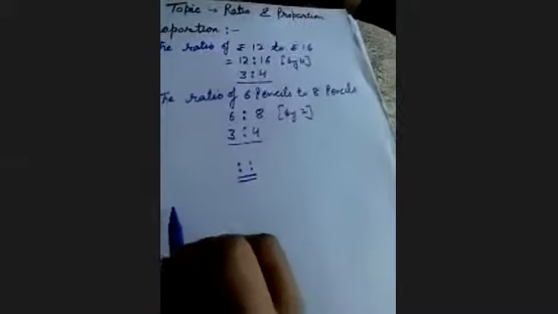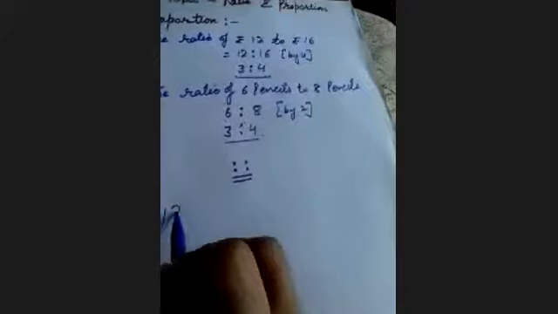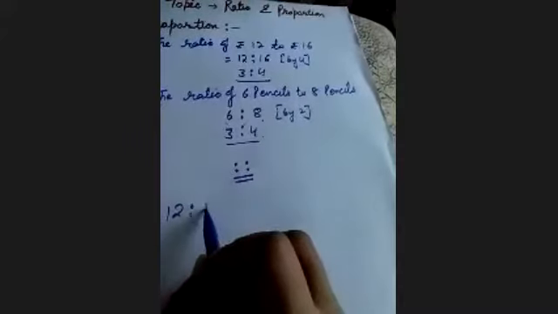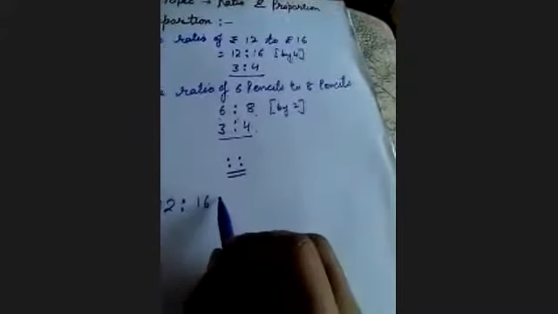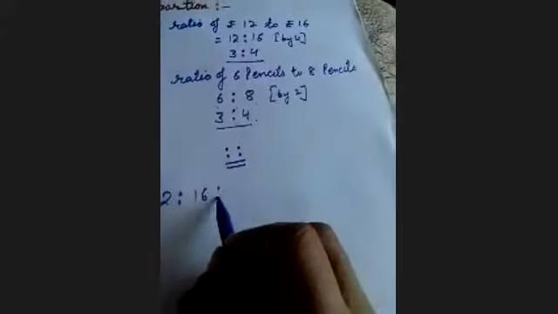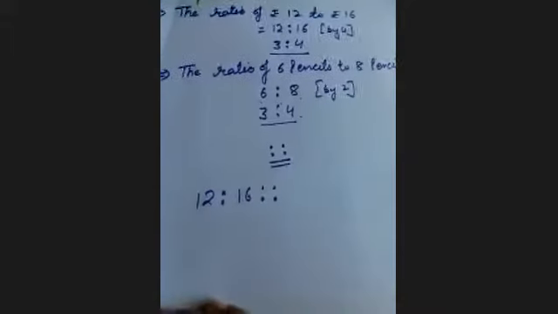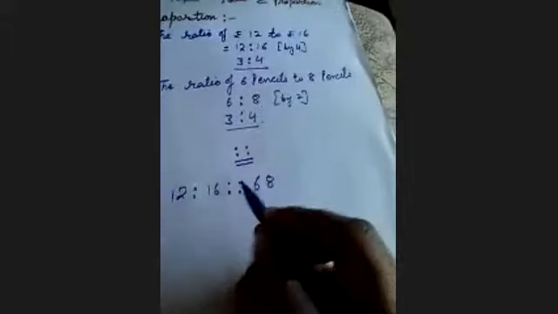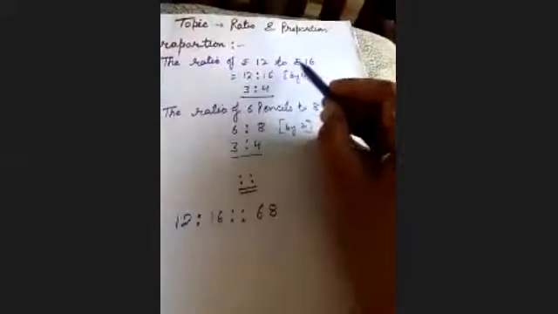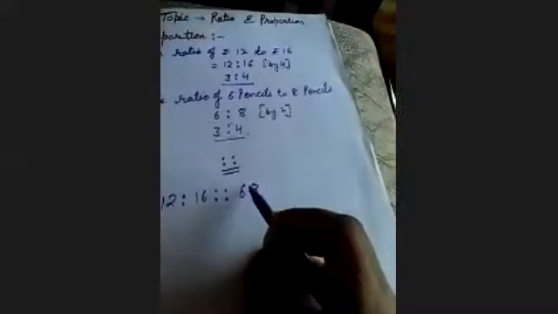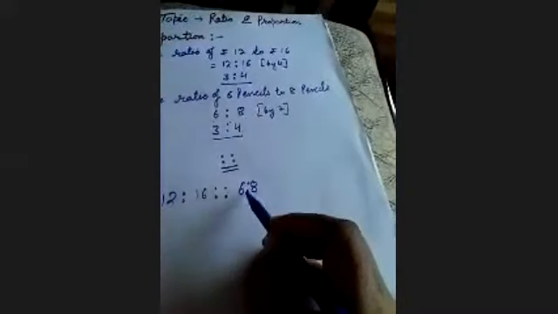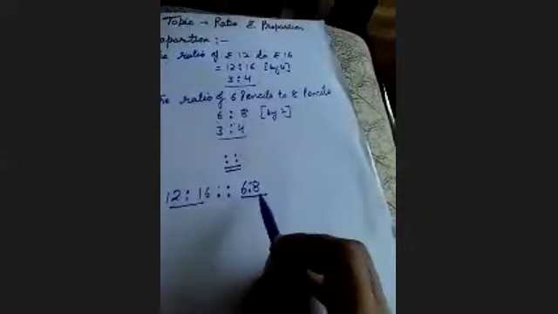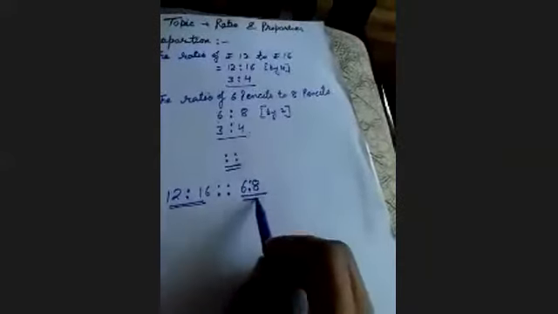First we will write ratio 12 to 16. Now put the sign of proportion, then 6 and 8. It means 12 ratio 16 and 6 ratio 8, both of the ratios have the same value.